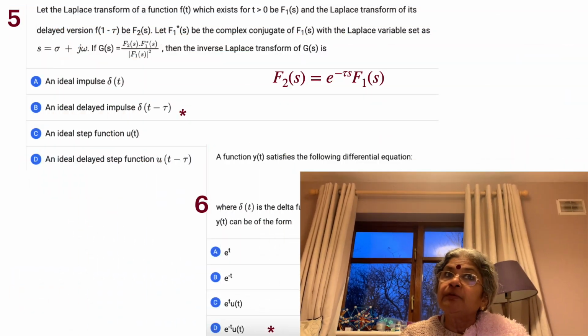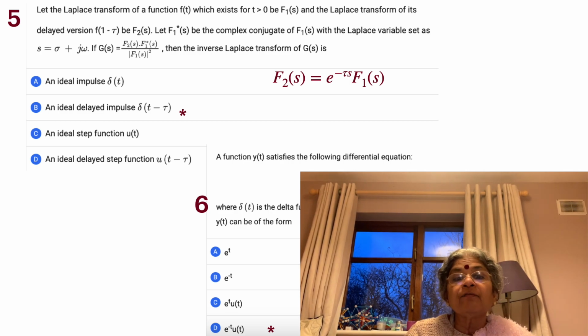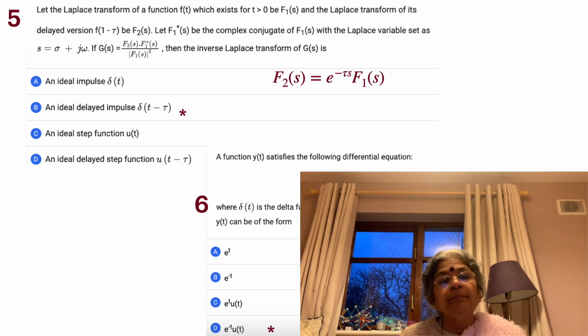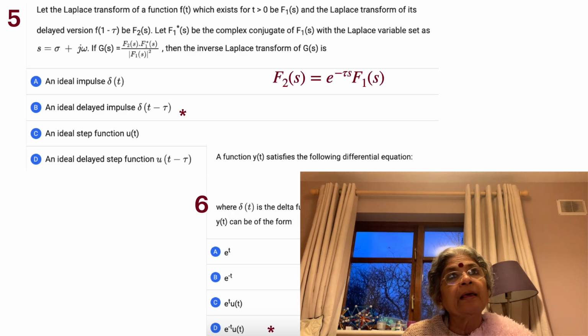Once more, as we go along, if F1(s) happens to be the Laplace transform of f(t), then f(t minus tau) will have a Laplace transform given by e raised to minus tau s times F1(s), and F1 star(s) is the complex conjugate of F1(s). If F1(s) can be imagined as a plus jb, then F1 star(s) will be a minus jb.